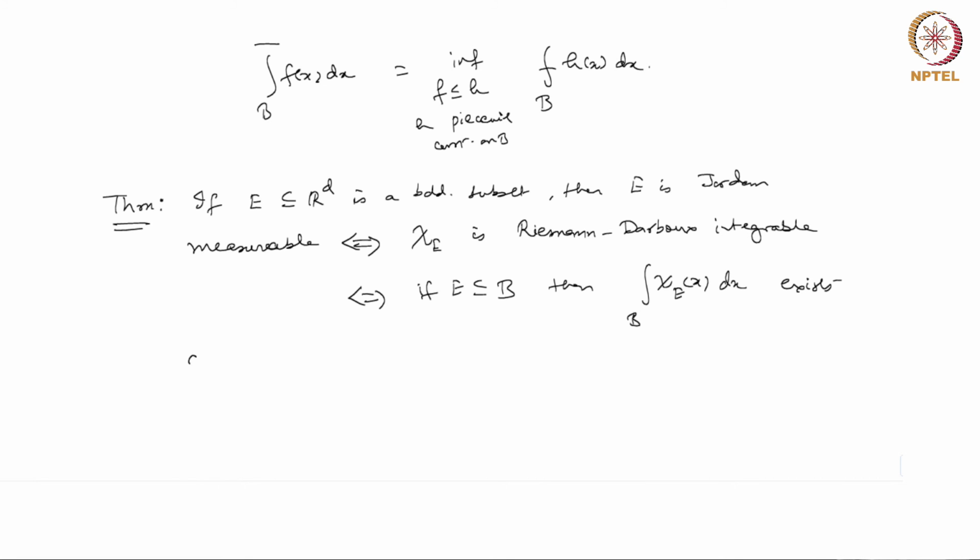And in this case, the Jordan measure of E is precisely this integral of the indicator function over B. This is the straightforward generalization using the same proof. Basically, we can rewrite the proof for arbitrary dimensions and it will work fine.